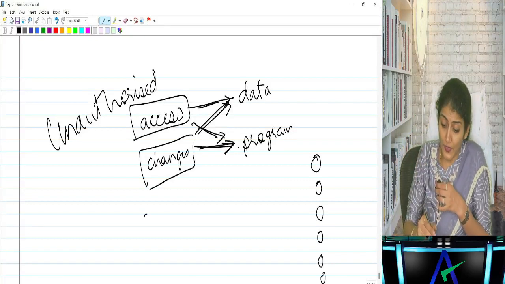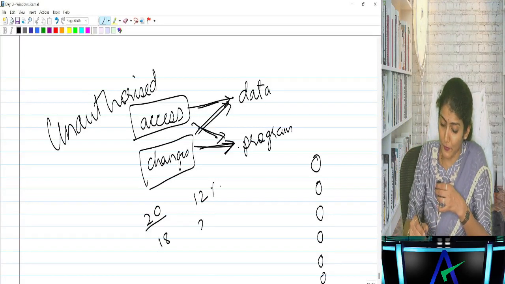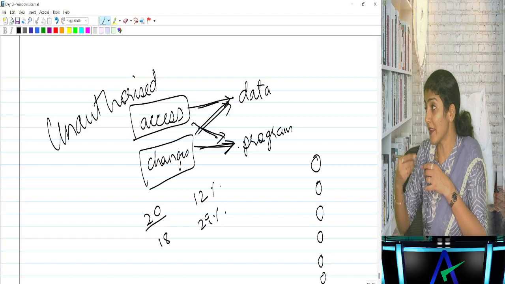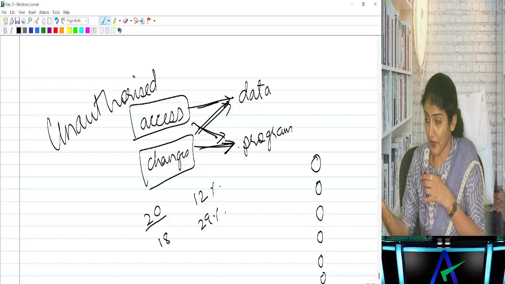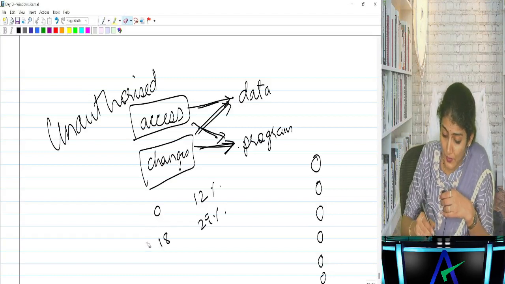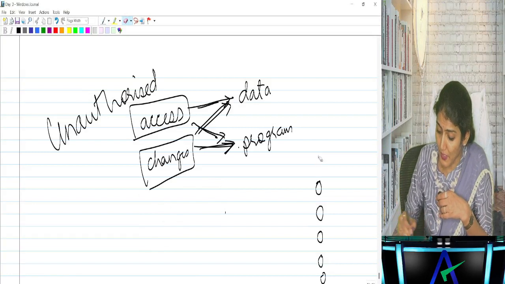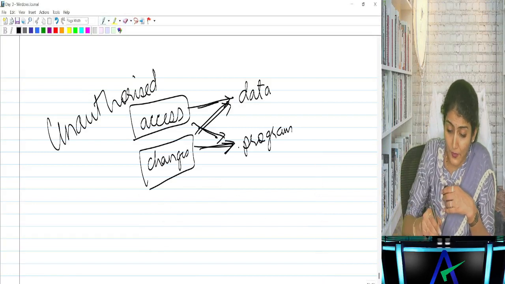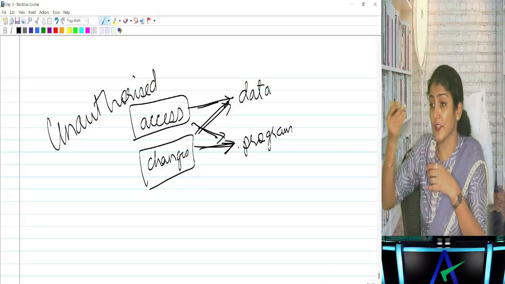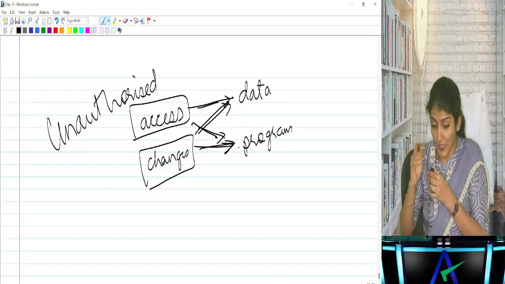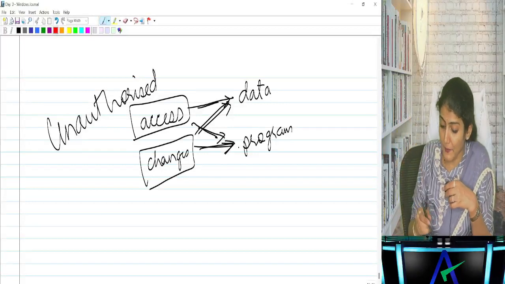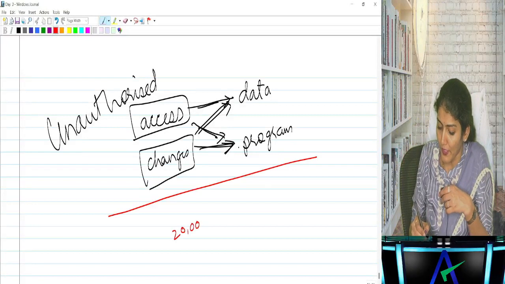Or what you do, the rate of depreciation is 20%, you make it 12%, 18%, you make it 29%. So that is unauthorized changes to the program. So unauthorized changes to data, unauthorized changes to the program. Or sometimes, when there is a need to make a change, you don't make a change. That means, say the product price has been increased from 20,000 to 28,000.